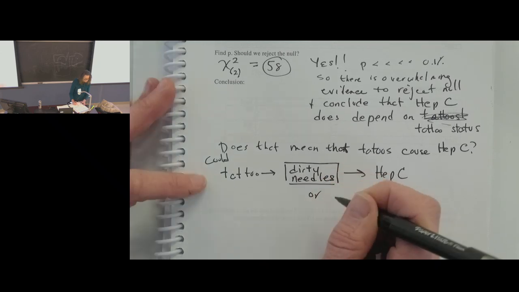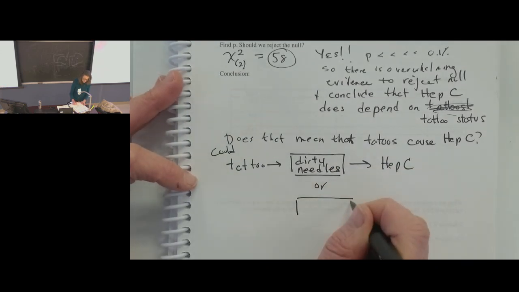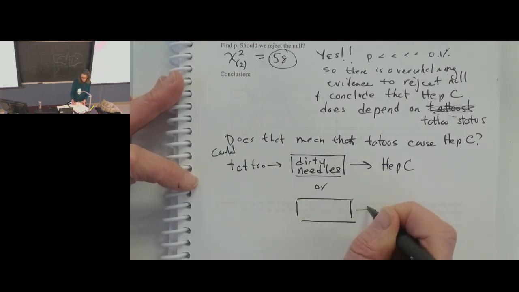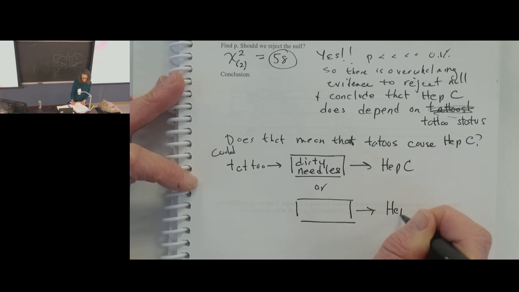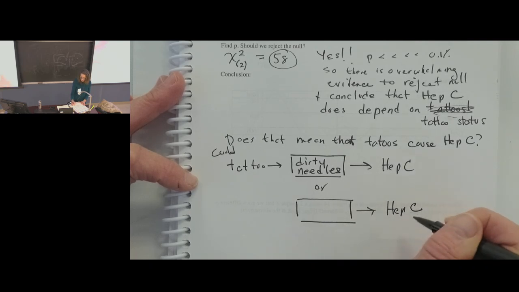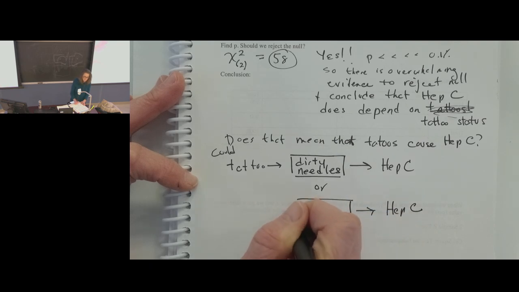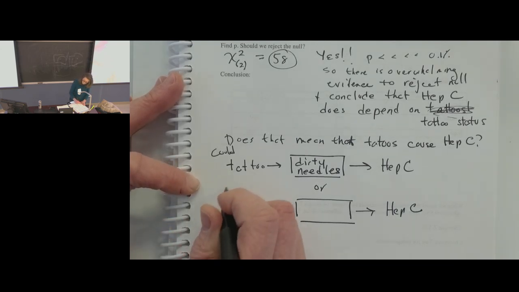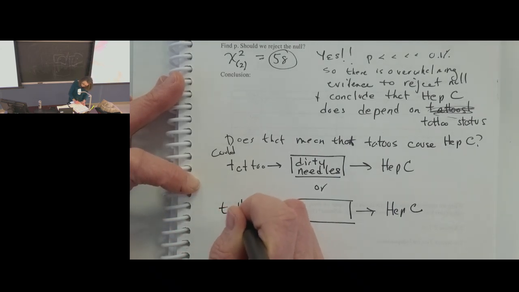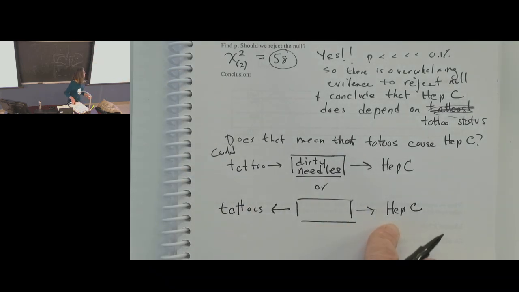Or can you think of a confounder? Something else that's causing hep C and might also be linked or somehow related to people getting tattoos. Can you think of what else could cause hep C?